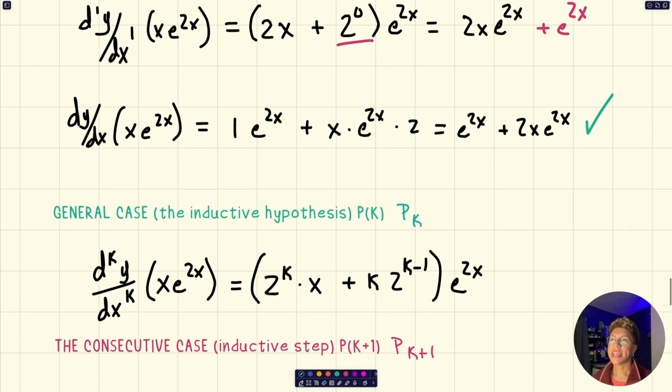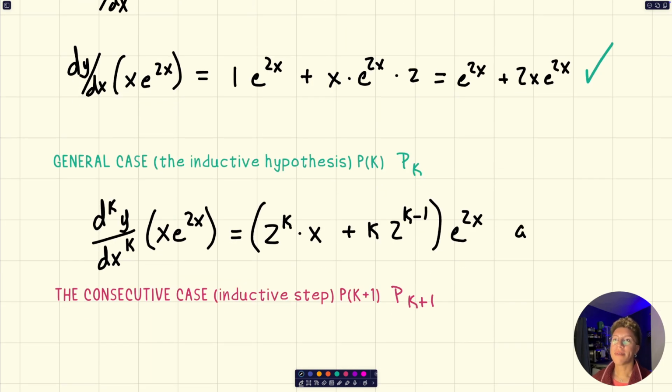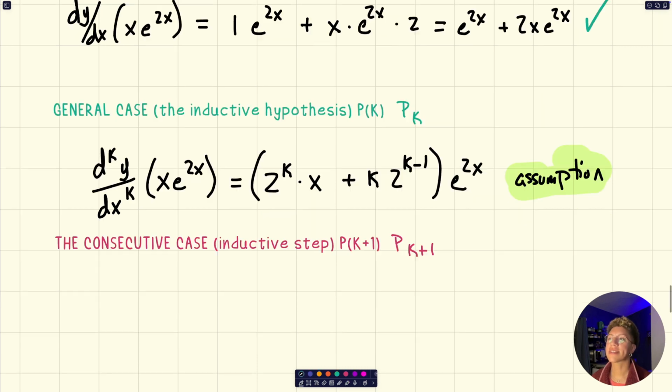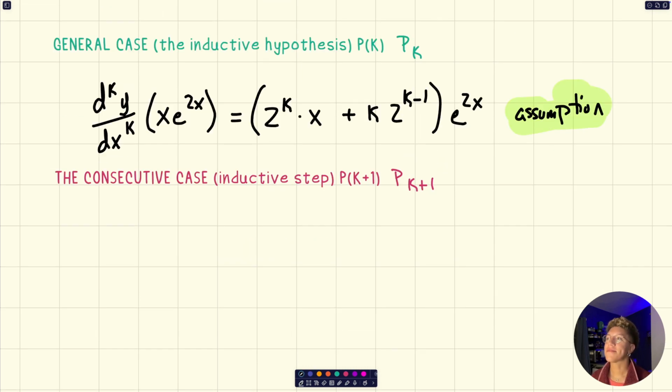This, of course, is our assumption, so we mark it as such. And as always, we're going to put that in green. And then we move down to our consecutive case, our k plus 1 case. And we just repeat this process, plug in k plus 1.